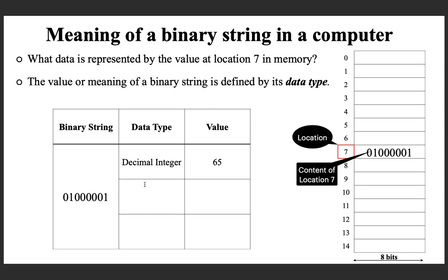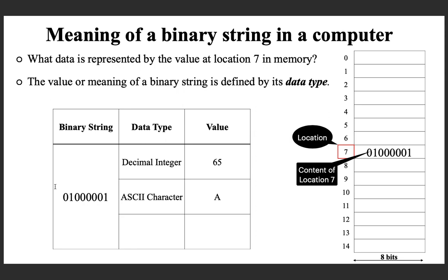That is the method of interpretation as a number. Now suppose that it is a character, an ASCII character. It's the character encoding scheme used in the C programming language. Then the value is capital A.